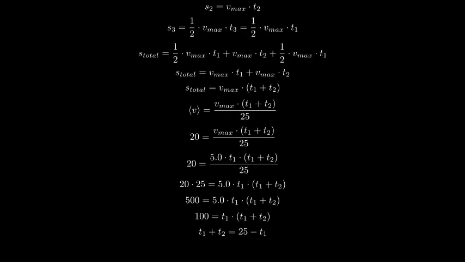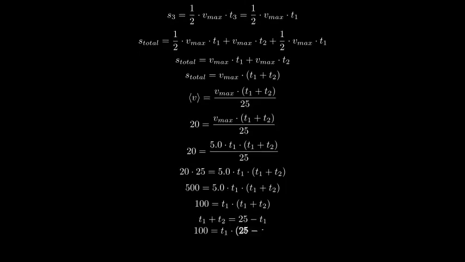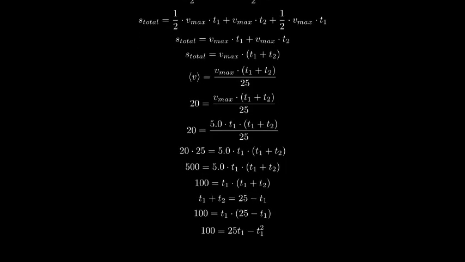From our time constraint, we know that t_1 plus t_2 equals 25 minus t_1. Substituting this into our equation, 100 equals t_1 times (25 minus t_1), which expands to 100 equals 25 t_1 minus t_1 squared. Let's solve this quadratic equation for t_1.